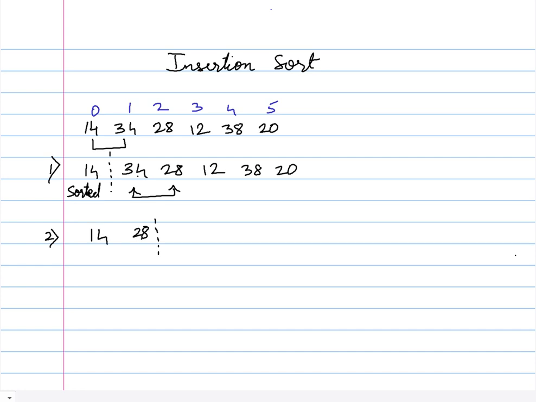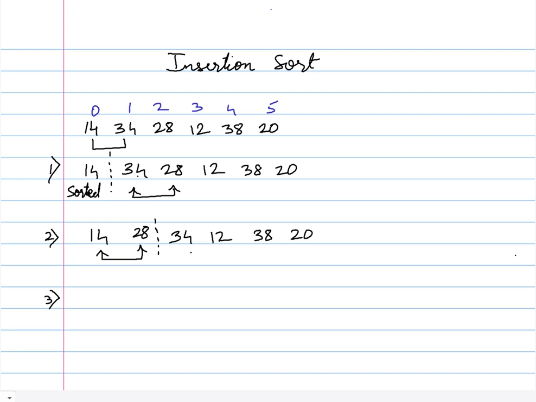Now we'll first check whether the position of 28 is proper, so we check with the previous number. The previous number is 14. 14 is less than 28, so it's proper. That means in the unsorted array we have 34, 12, 38, 20, and in the sorted part we have 14 and 28. So this is proper. Now we'll go on to the third phase.